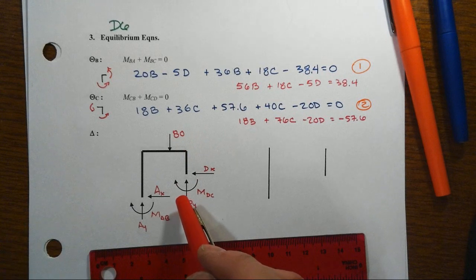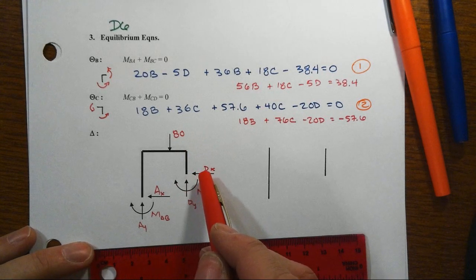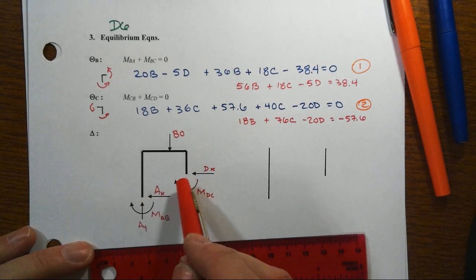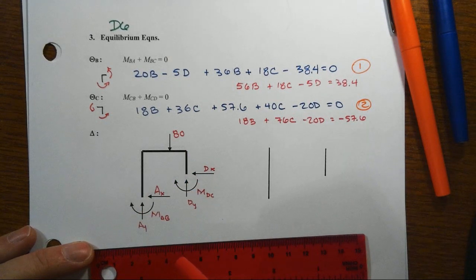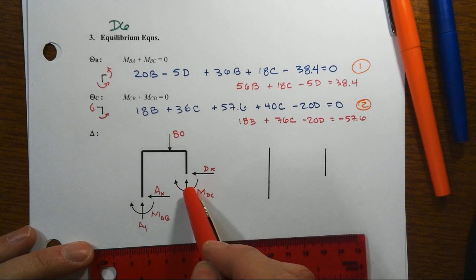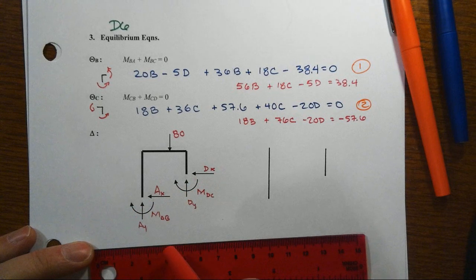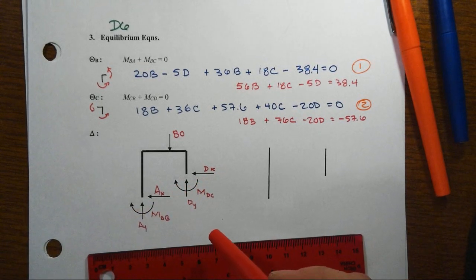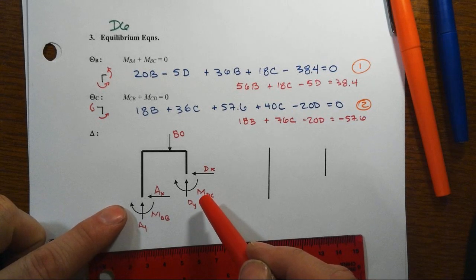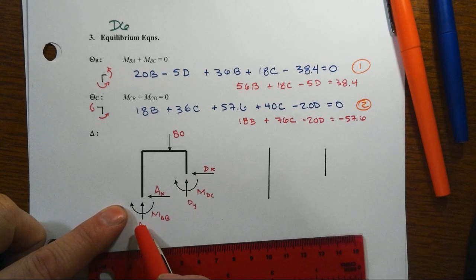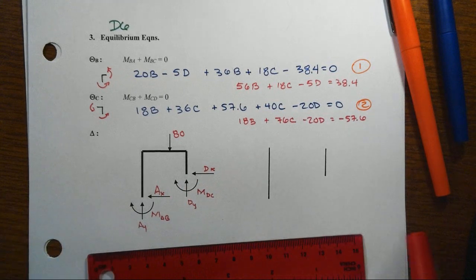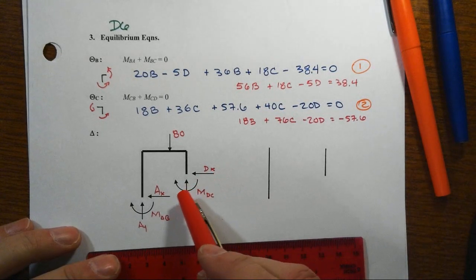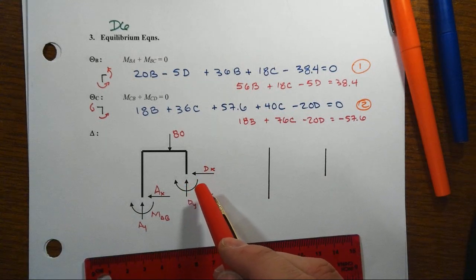And the only thing about the reactions that I've got shown here that you need to be consistent with from earlier work are the member end moments, because we have declared a particular sign convention, and these reactions are consistent with those member end moments. But the AX and the DX and the AY and the DY, we can choose to do in whatever direction you want. It's the first time we've shown them.